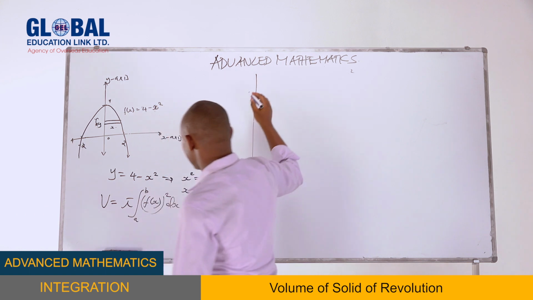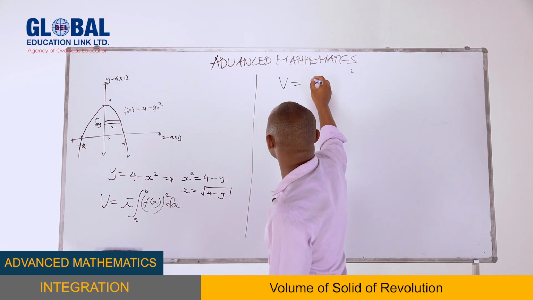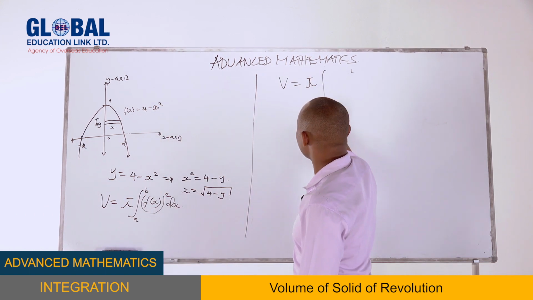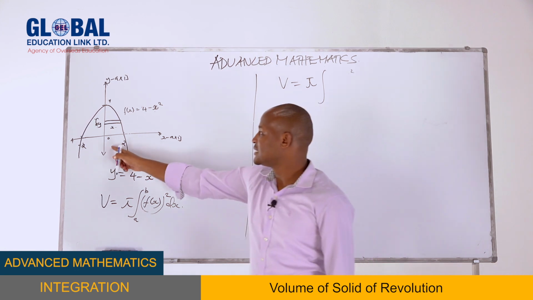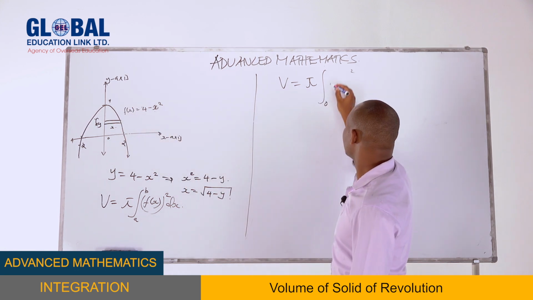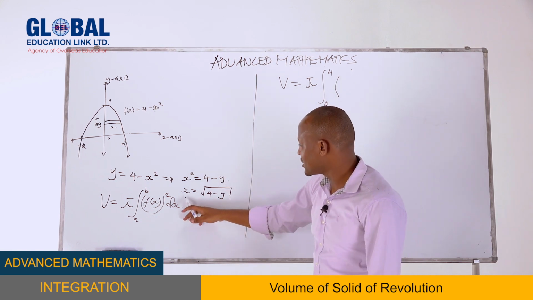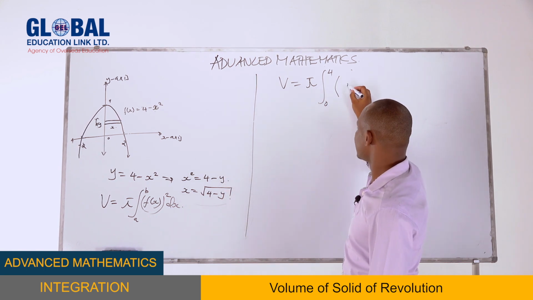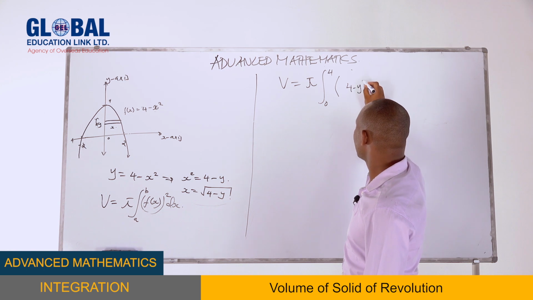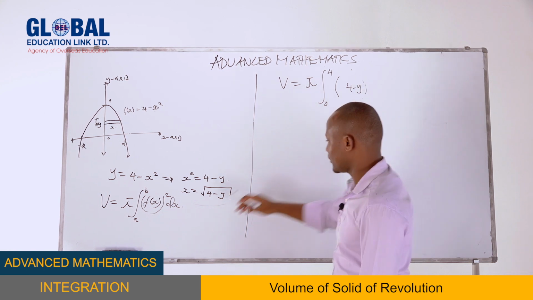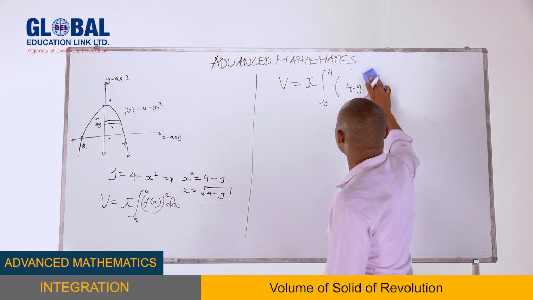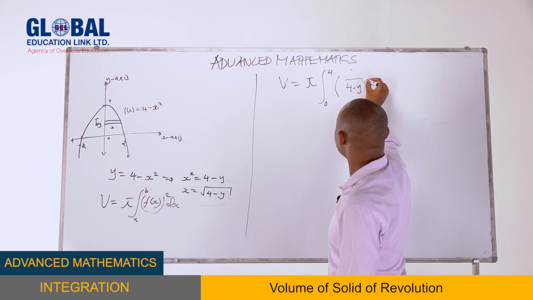So how will it look? The volume equals pi from 0 to 4, and our function now is this one. So it is 4 minus y, all of that under the square root.